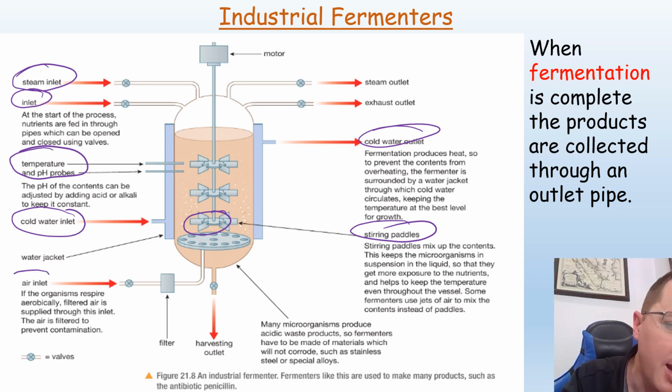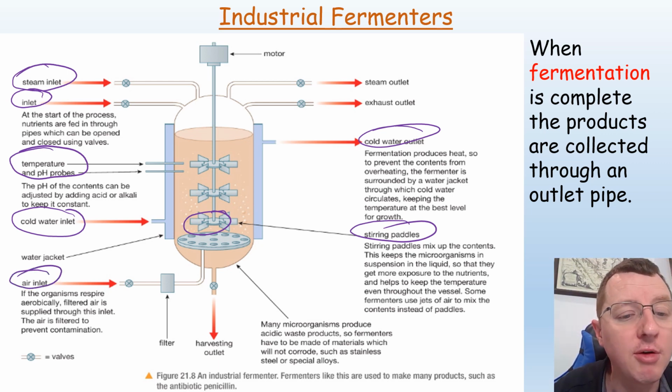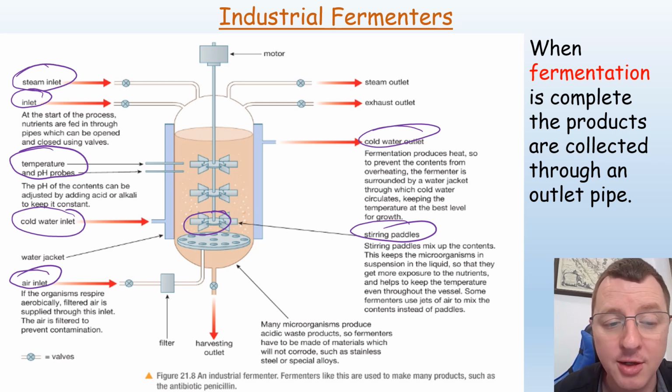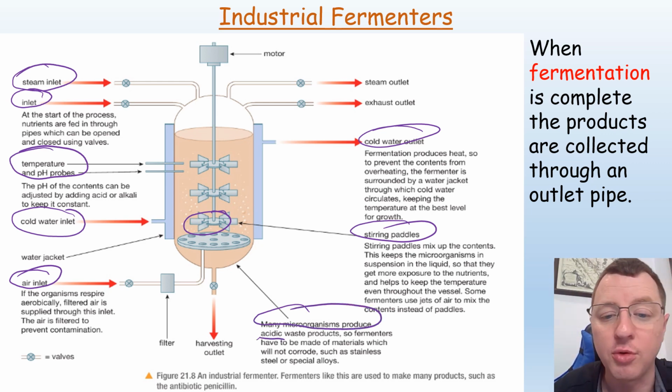Now here is the air inlet, and as it says, if the organisms respire aerobically, filtered air is supplied through this inlet, and the air is filtered to prevent contamination but allow aerobic respiration. Now many microorganisms produce acidic waste products, so fermenters have to be made of materials which will not corrode, such as stainless steel or special alloys.